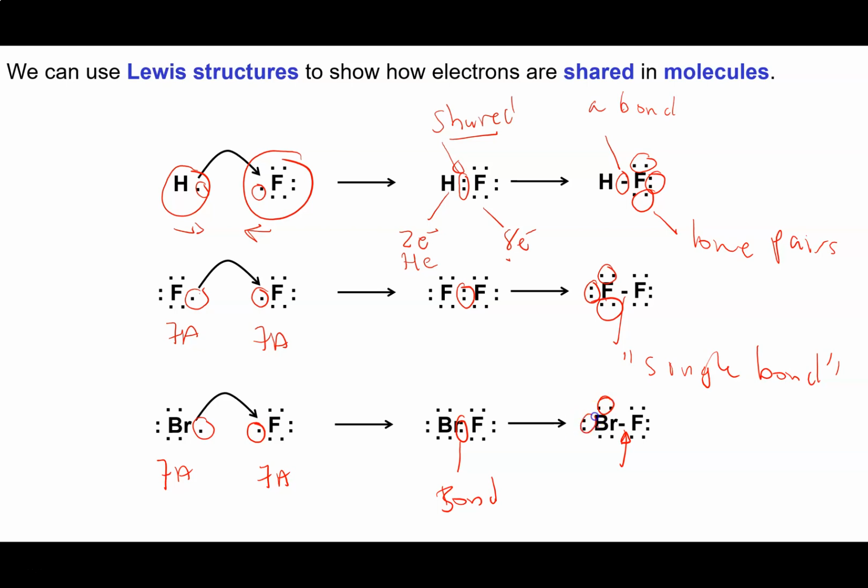And again, each element here has 3 lone pairs. And if I look at any one of the atoms in this molecule and count up the electrons, we see that they both have a stable octet. So 2, 4, 6, 8. It's got 8 electrons. 2, 4, 6, 8. We've got 8 electrons. So that's the general concept.